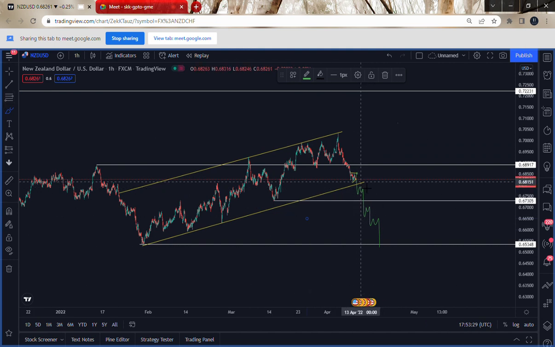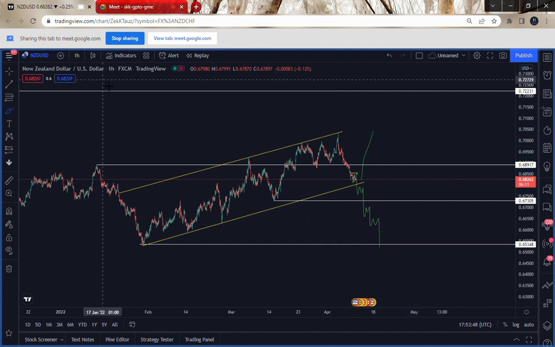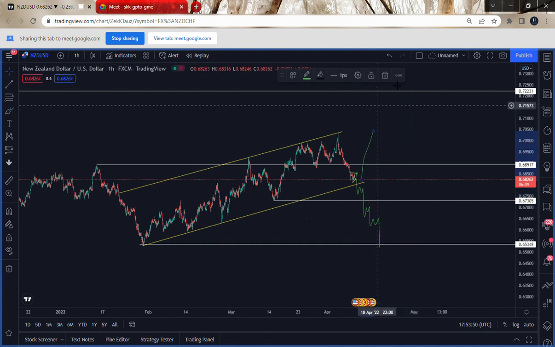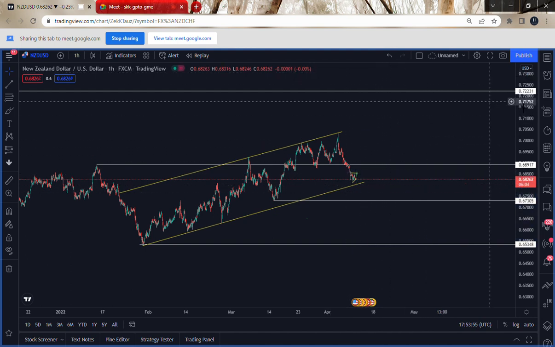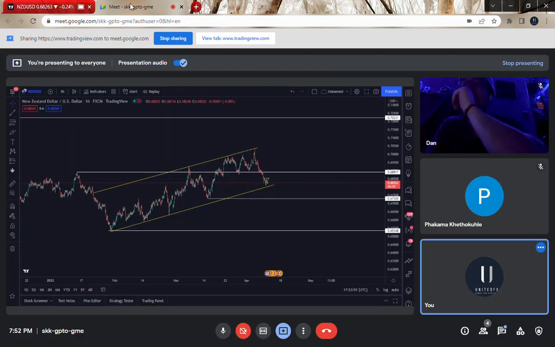But if it doesn't, then we might come back. I don't know, we can get another double top right there before we go down. It's also possible. So we need to factor in all those when it comes to multi-time frame analysis.